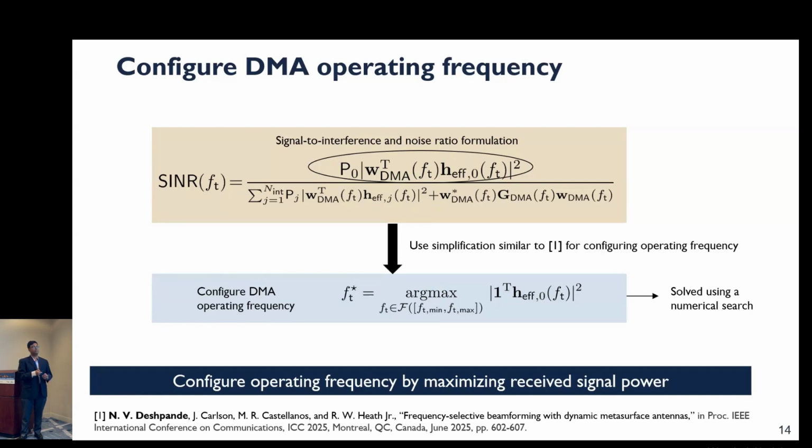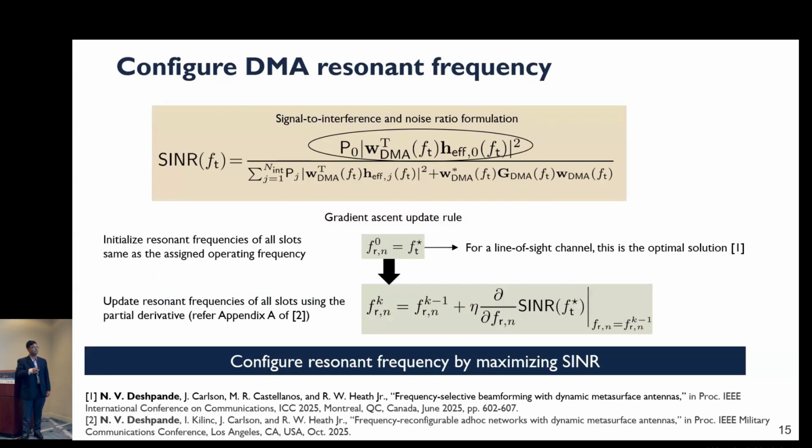Now once we have the operating frequency, we move to configure the resonant frequency of each slot on the DMA. To do that, we have this SINR objective, which has the resonant frequency dependence through the combining vector. For optimizing the resonant frequency, we adopt the gradient ascent update rule. We initialize all the resonant frequencies the same as the operating frequency from step 1. And in reference 1, we showed that this assignment is actually optimal for a line of sight channel.